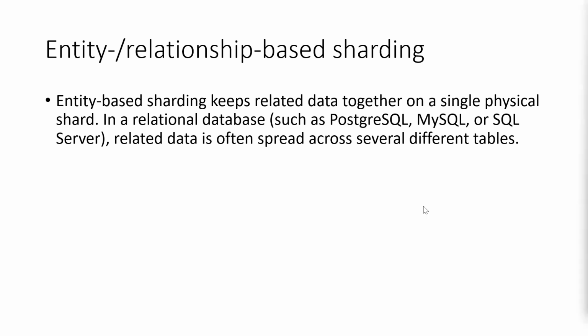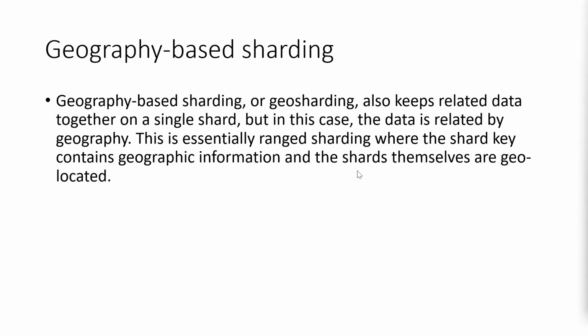And this is what we call the geography-based sharding or geosharding, the idea to keep the related data in a single shard. And we can keep it where the data is close to the local information.